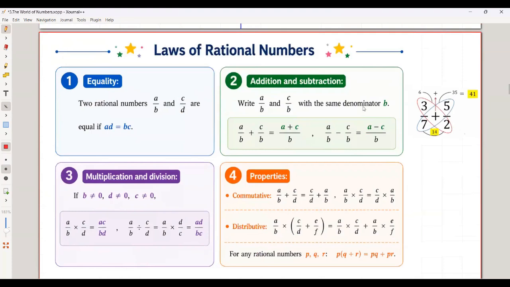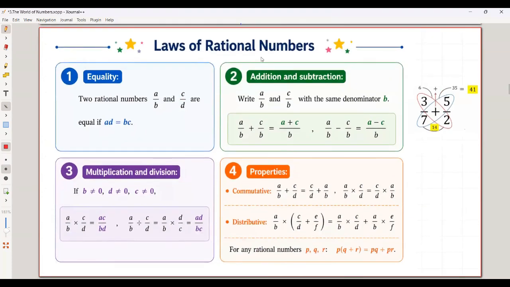Now we are going to learn about the laws of rational numbers. The laws are the same as what we already did on how to add, multiply and divide fractions. First, equality. When can we say two rational numbers are equal?